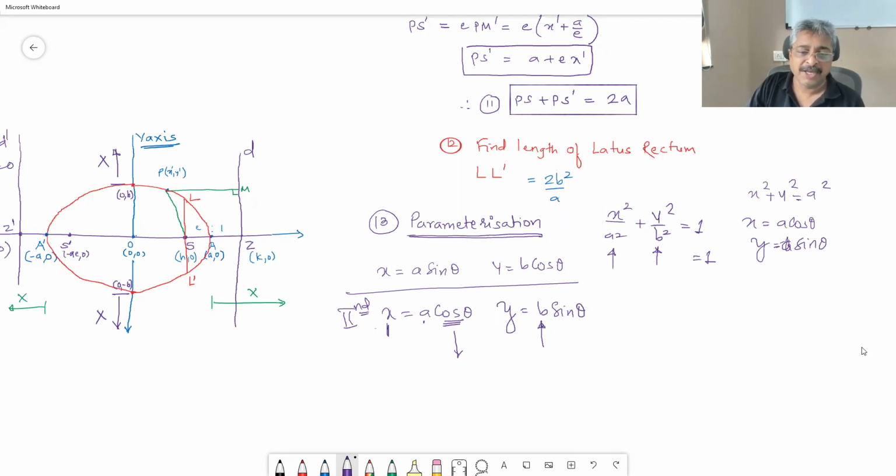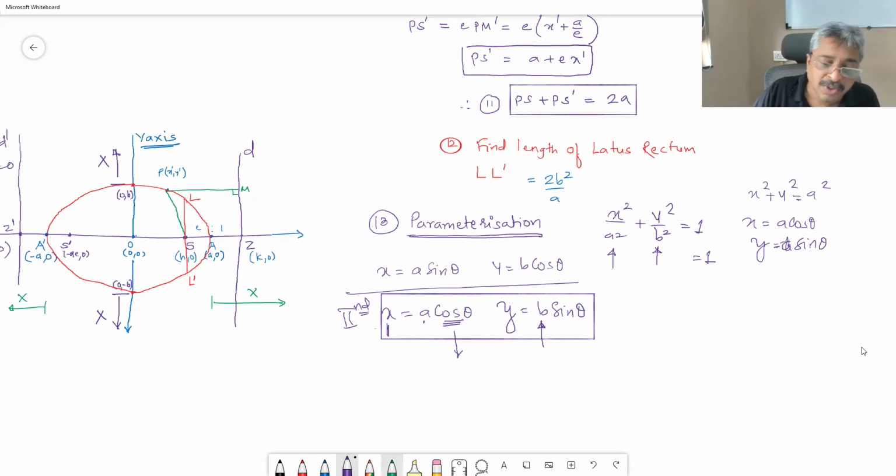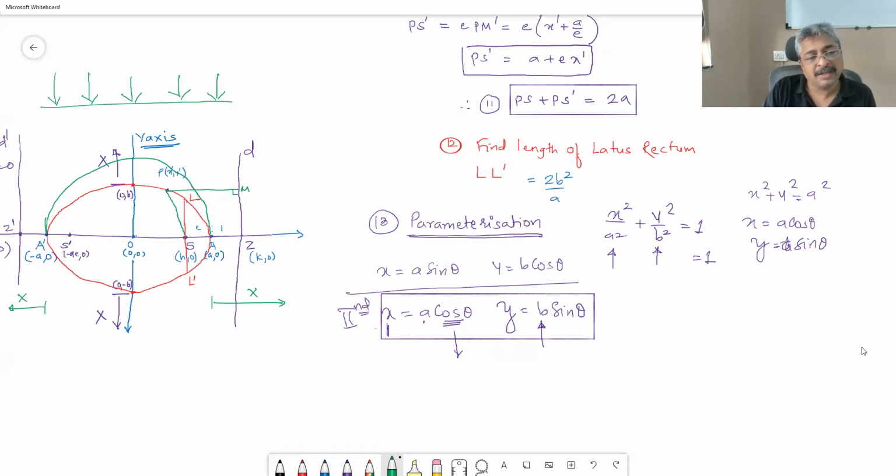But the final parameterization, which is the most general, most commonly used parameterization, is a cos theta comma b sin theta. If it is a cos theta comma b sin theta, then you have a circle here with radius small a, and you are applying pressure in this direction to the circle.